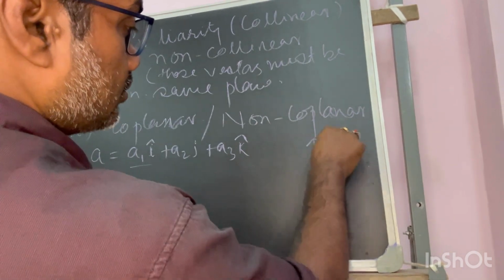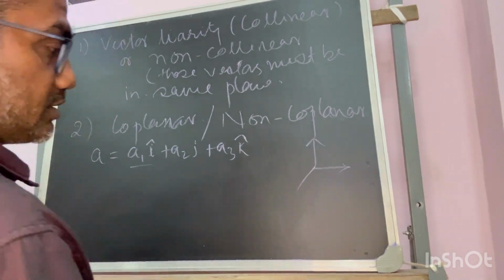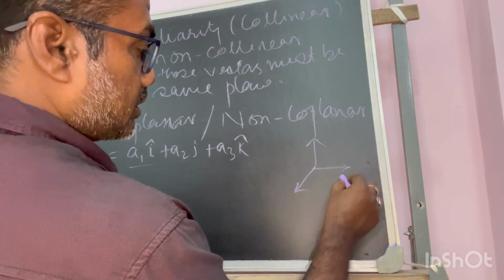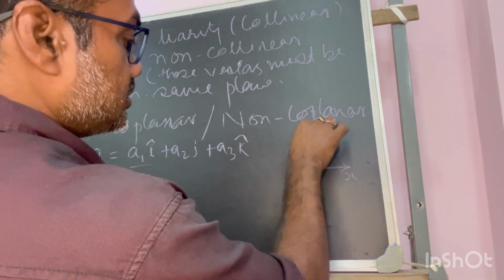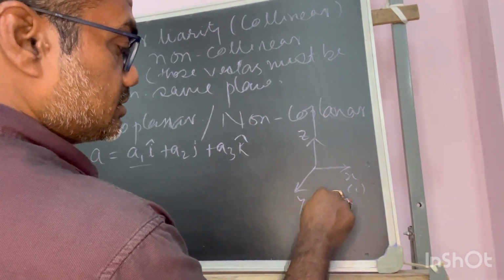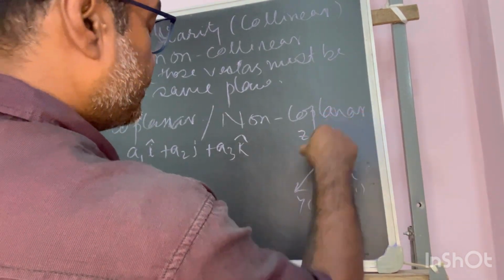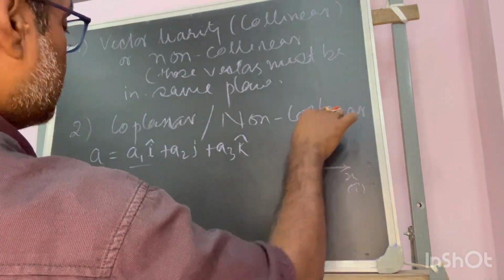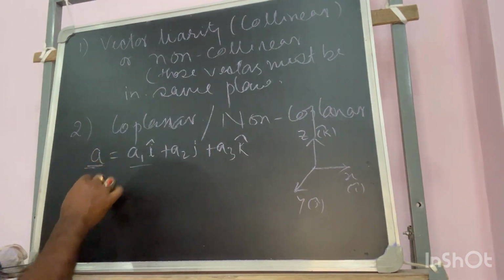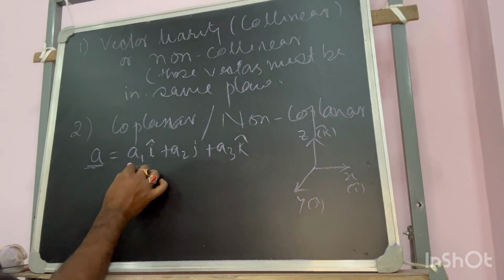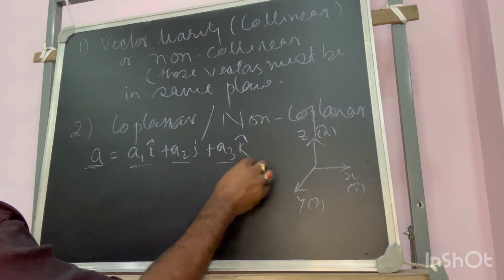I am talking about spatial coordinates, meaning the Cartesian system, that is x, y and z. The unit vectors are i, j and k in the respective directions. So the vector, which is a set of components, has x component, y component, z component.